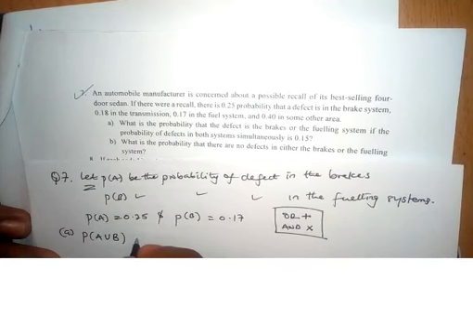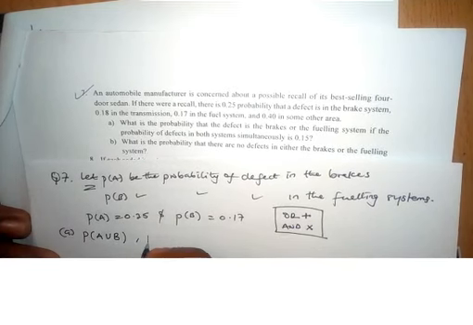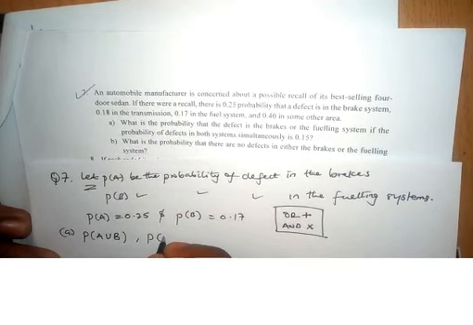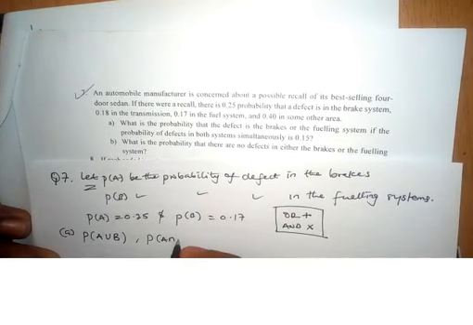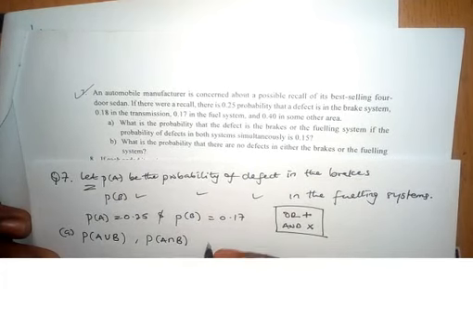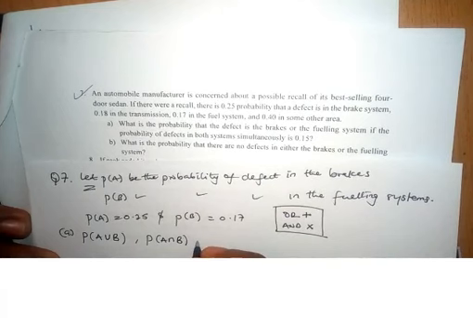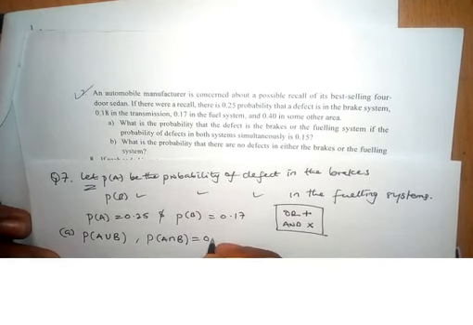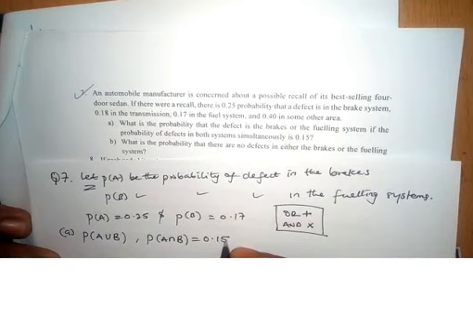But here we have been given an intersection between the braking system and the fueling system, a defect in both, which has been given as a probability of 0.15.